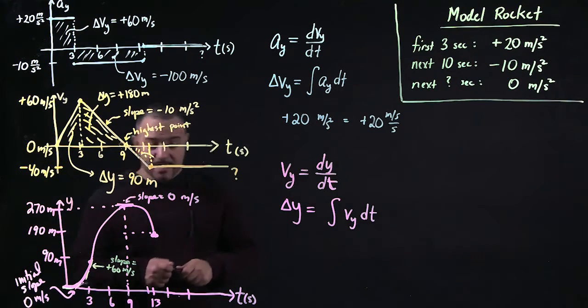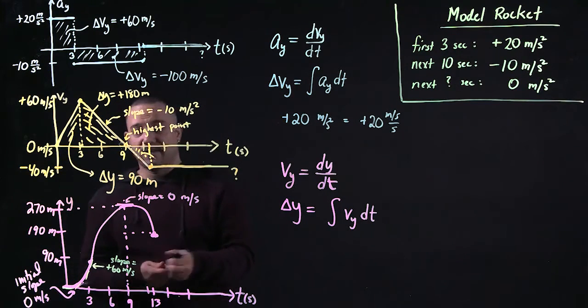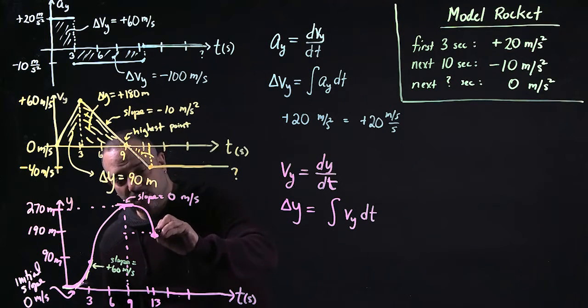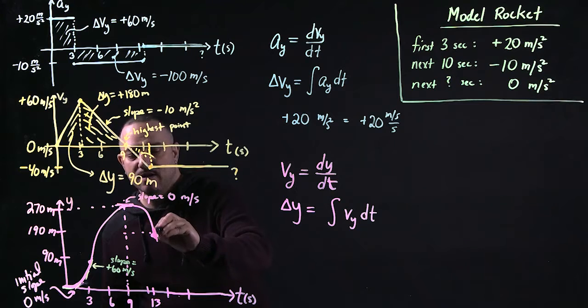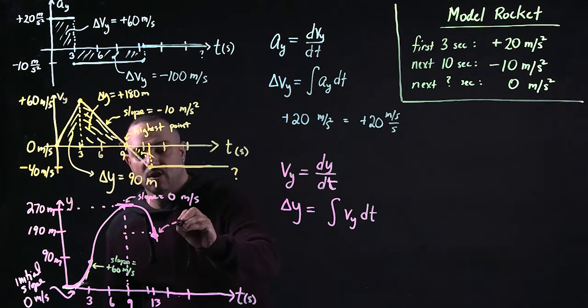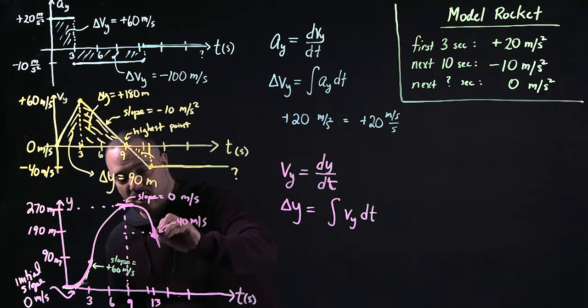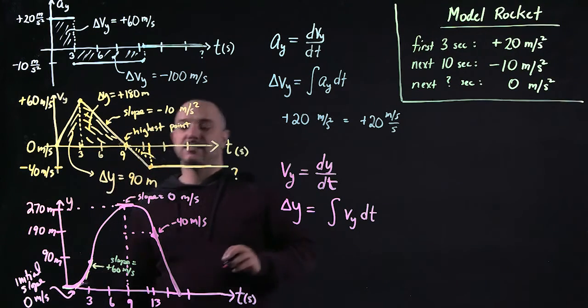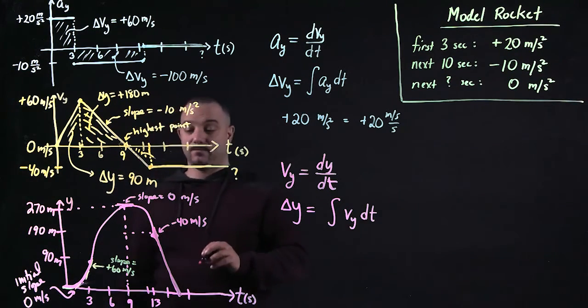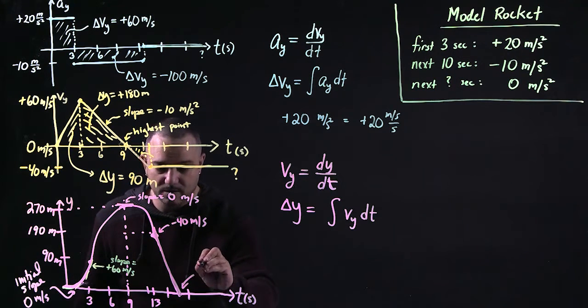And on this graph, here we have a slope. At the highest point, your slope is 0. When the parachute is deployed, our slope is negative 40 meters per second. And it's just going to stay that constant slope for the rest of the motion until it goes all the way back to 0 height when it hits the ground. So here we hit the ground.